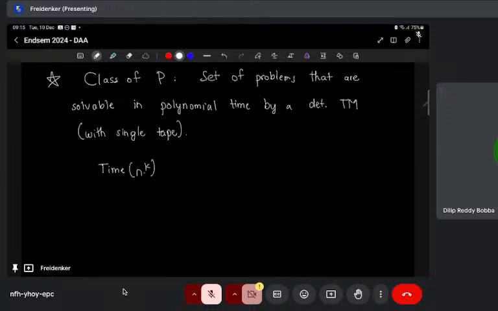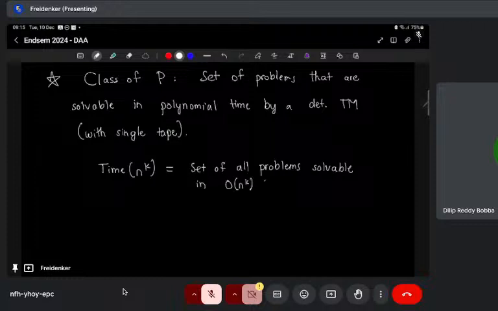The notation here is not important; you have to get the idea. I'm defining this to be the set of all problems solvable in polynomial time. It could be n power 999, n power 10,000, but still polynomial time.